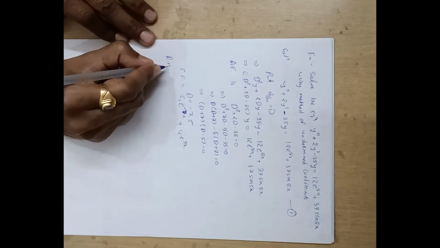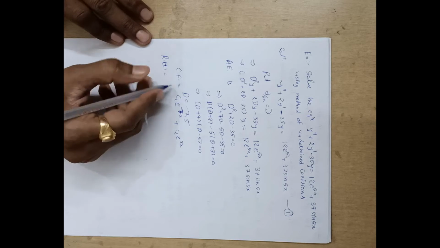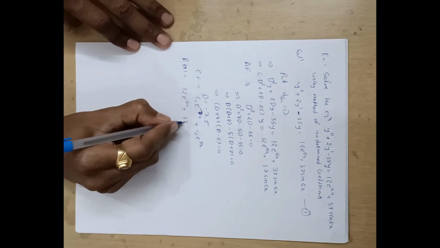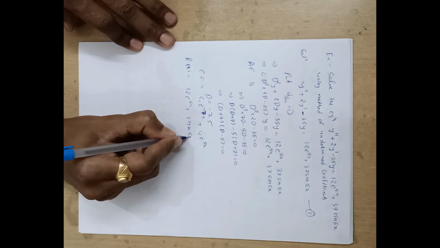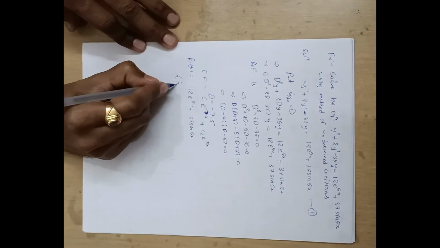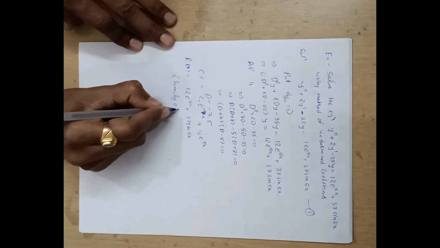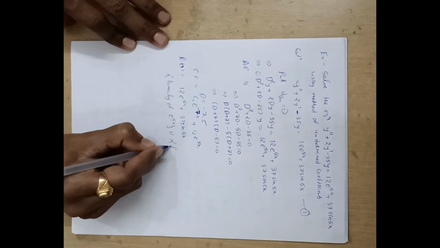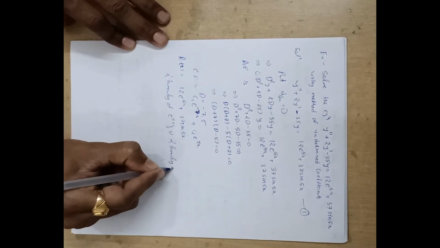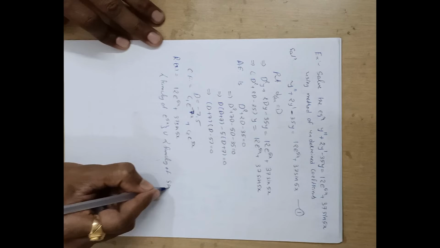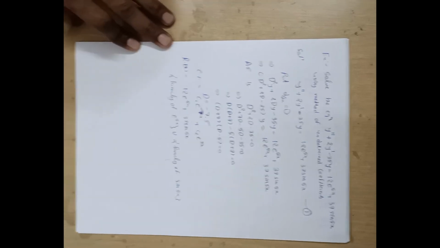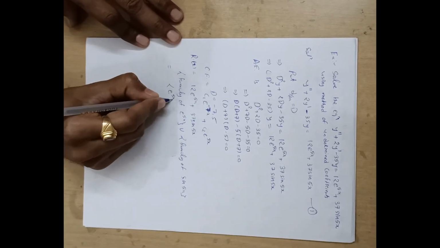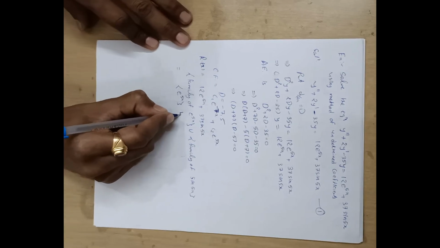Now R(x) is equal to 12e^(5x) + 37 sin 5x. Now the family of e^(5x) union family of sin 5x. If you are writing the family of e^(5x), then it is e^(5x).